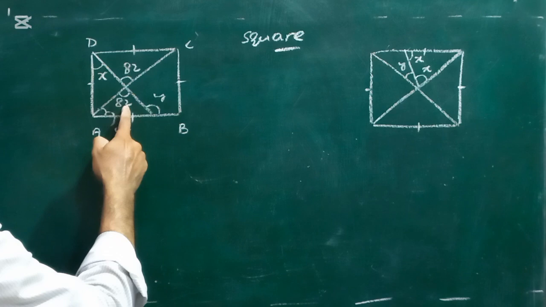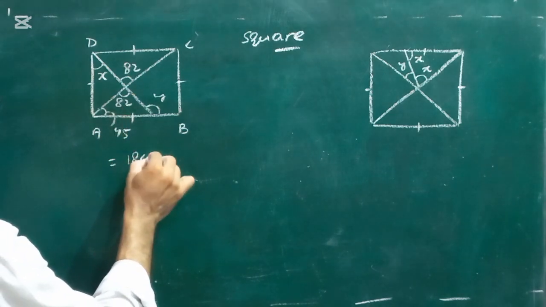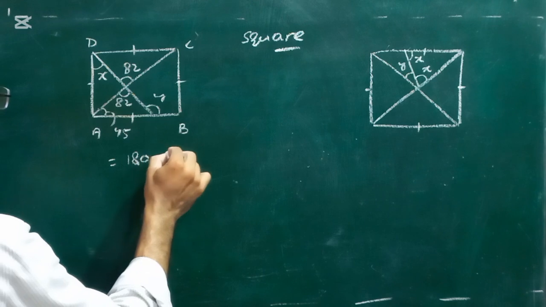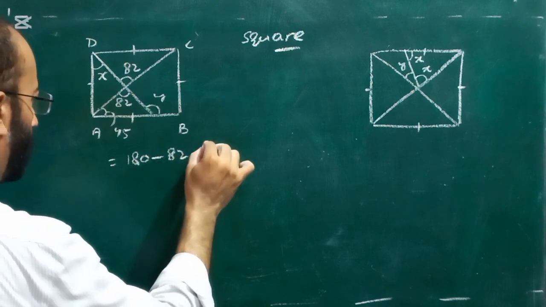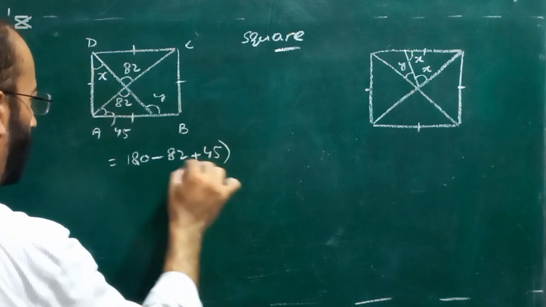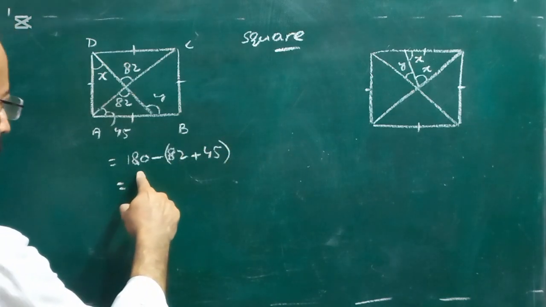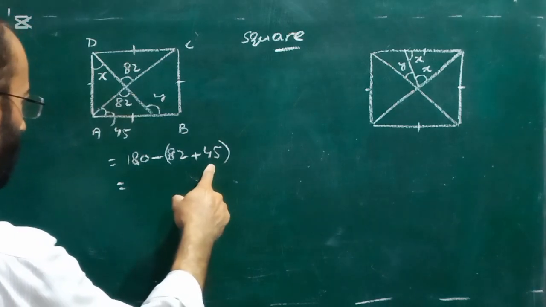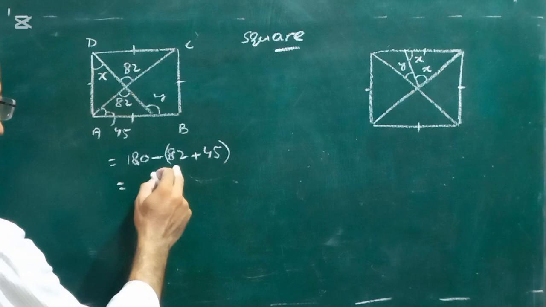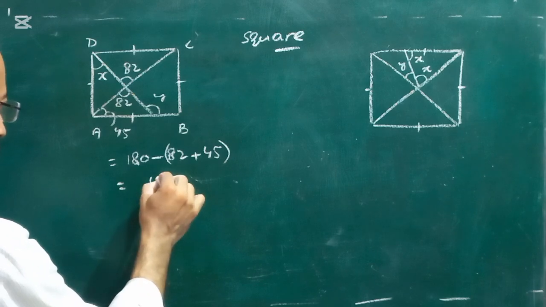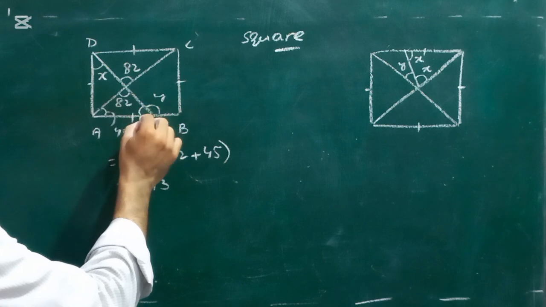So 82 plus 45, and the sum will be subtracted from 180. 127 subtracted from 180 gives 53. So this angle will be 43.